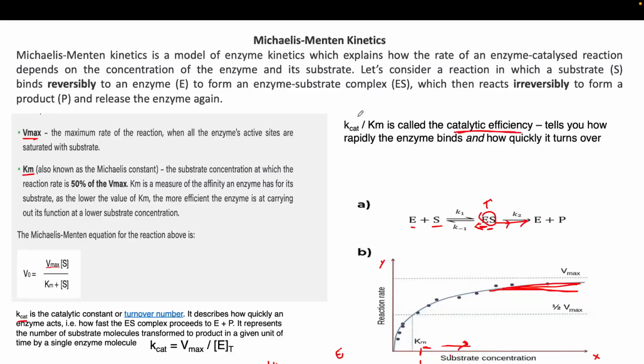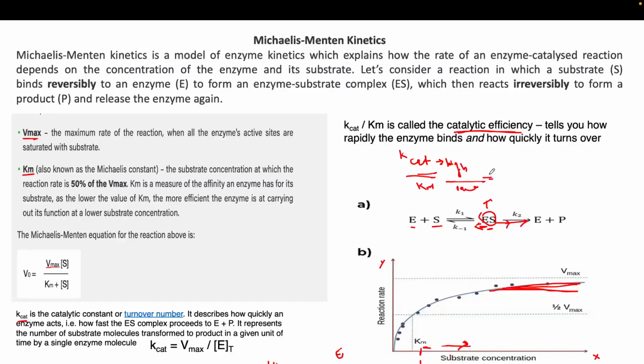Here kcat defines how quickly one enzyme works, and Km defines the binding affinity with that particular kind of substrate. So in kcat divided by Km, kcat should be high and Km should be low.